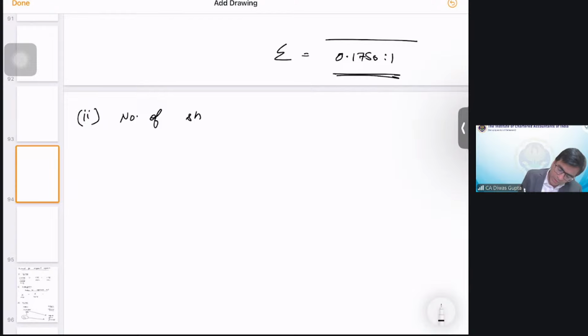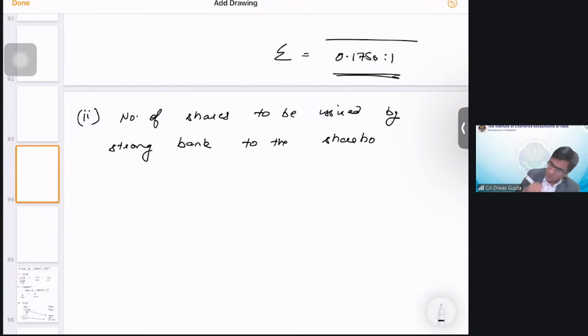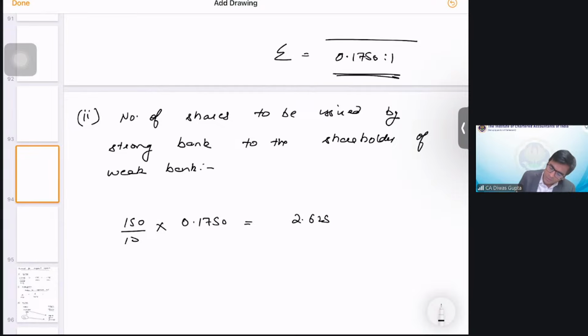Number of shares to be issued by strong bank to the shareholders of weak bank. 150 divided by 10, right? 150 divided by 10 is the number of shares of the weak bank, multiplied by 0.1750, which is equal to 2.625 lakh shares.